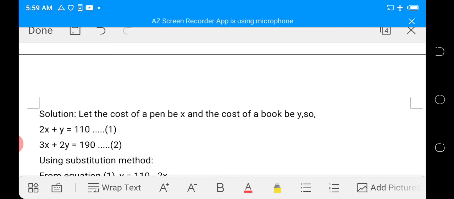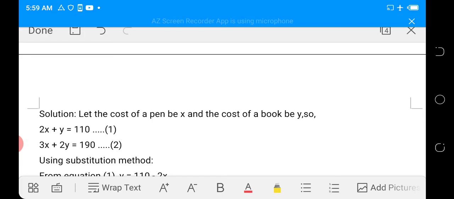Now that we have our two equations, the next step is to solve these two equations simultaneously. If you look at the two equations we have here, there are no two terms that have the same coefficient.